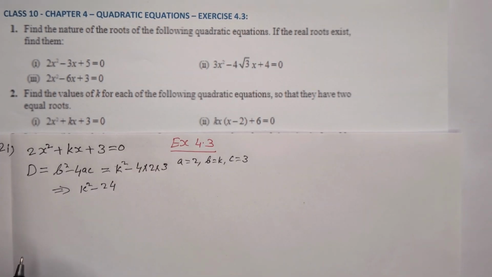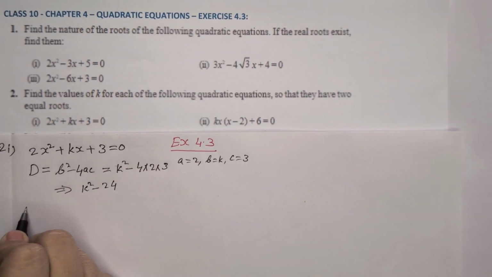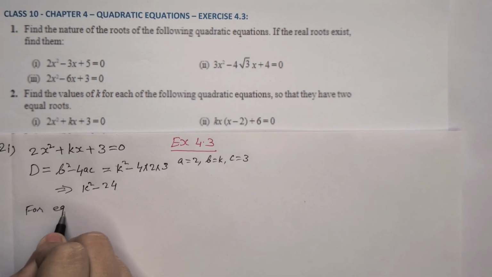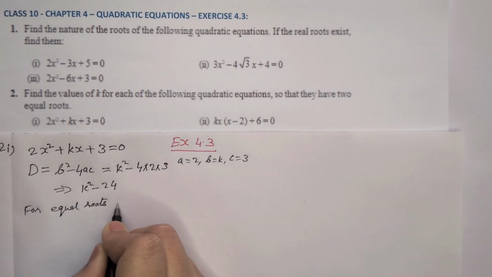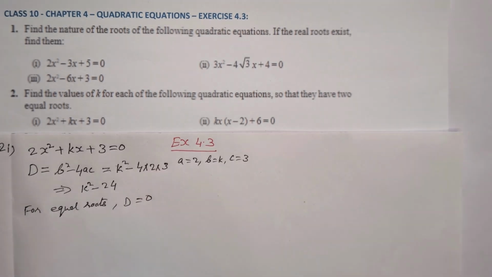Here it's given that the roots are equal. So we know that for equal roots, D is equal to 0. Discriminant will be 0.